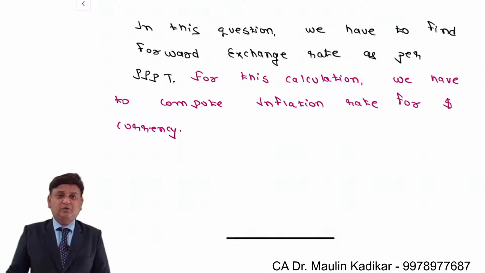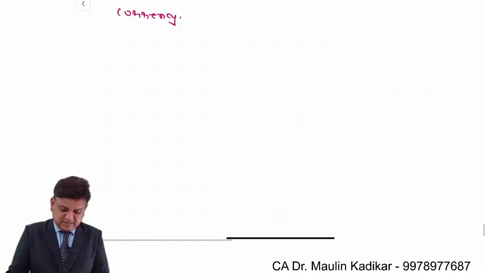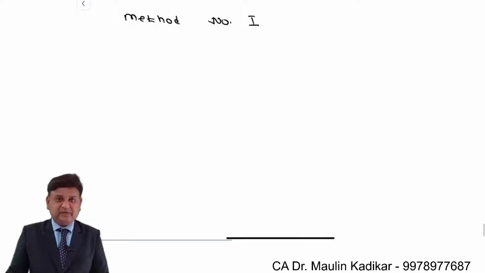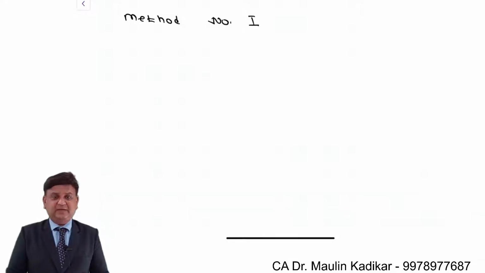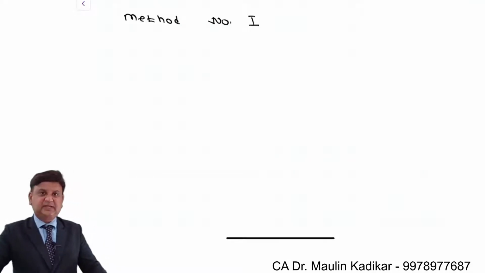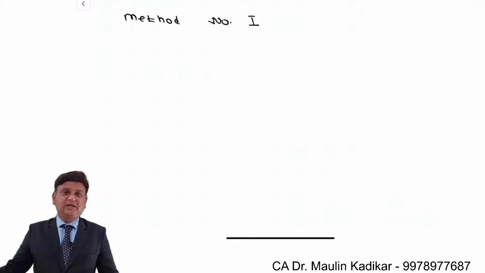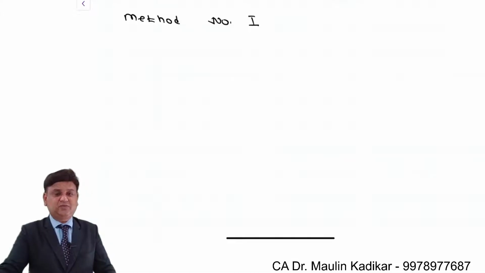Let us see how to make the computation. There are two methods by which you can do this. So let us see method number 1. Friends, over here, importantly, an assumption is made that the real rate of interest is the same across the world.